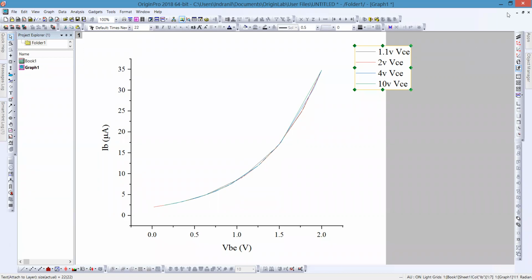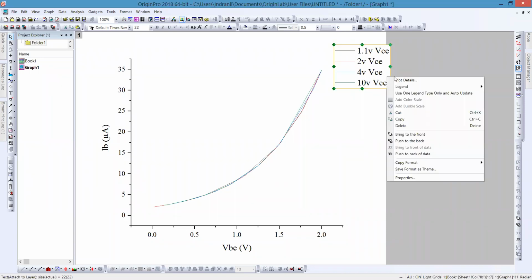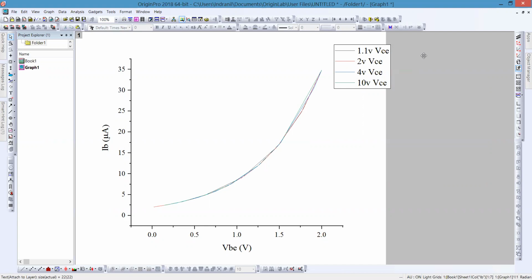Is there any query till now on what we have discussed? You people can see my screen, right? The graph you can see. Do you have any query till now? Okay, I think you don't.